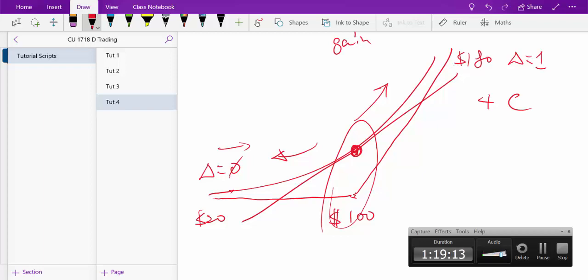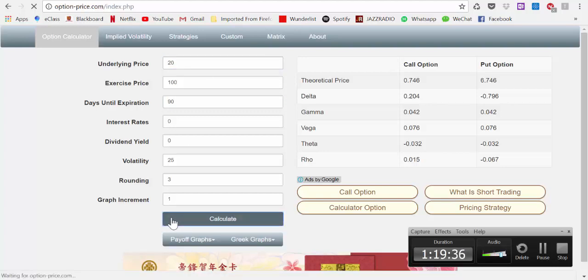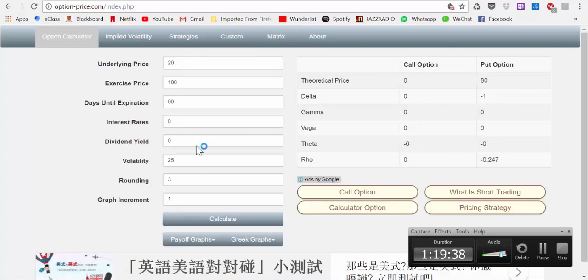So here it's, well, let's do a very simple pricing. So when you have an option where, in fact, make it a bit more interesting. Make it 90 days option. So when the underlying price is 20, I doubt you're going to see anything on the delta actually. Okay, so delta is 0.